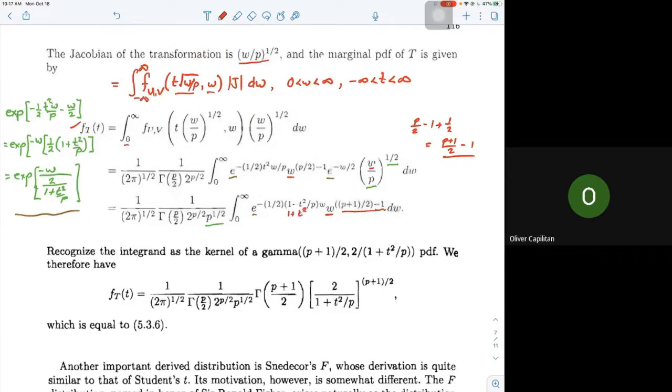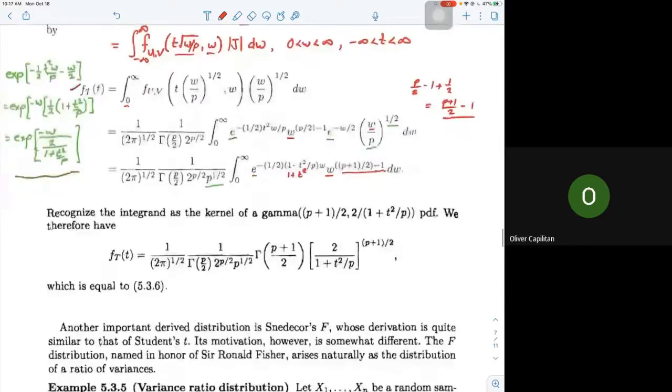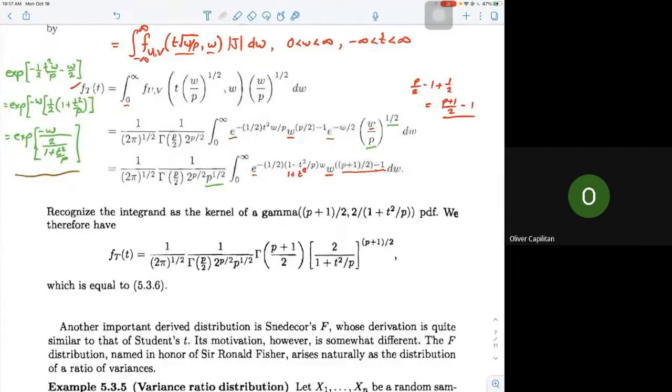Recall, how do we know that? If X has a gamma distribution with alpha, beta, what is its PDF? 1 over gamma of alpha, beta to the alpha, X raised to alpha minus 1, e raised to the negative X over beta.